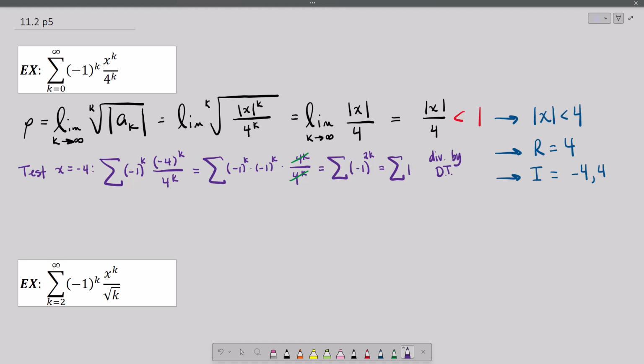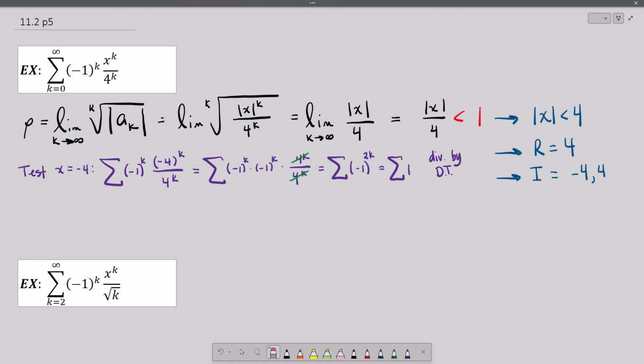When we are testing endpoints, you don't have to get into the nitty-gritty. You don't need to say a sub k equals 1, limit of a sub k is not equal to 0, therefore it diverges by the divergence test. You don't have to do all that. When we are just analyzing endpoints, it's sufficient to just cut to the chase. Just say that it diverges and why.